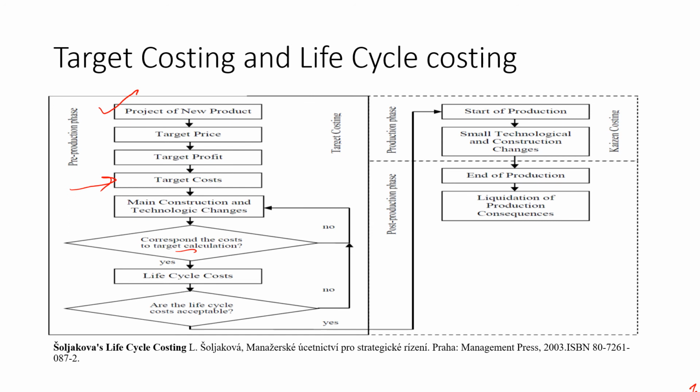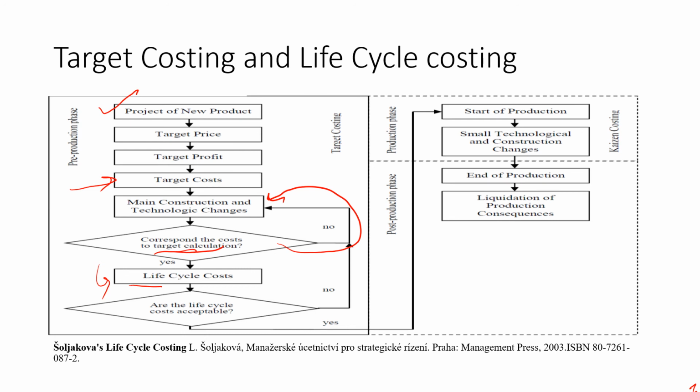So if we are able to match the target cost, let's say the target cost is 50,000 and our cost calculation for the product comes as 45,000, we are ready to go ahead with the life cycle cost. But in case we are not matching, we have to go back to value engineering or the design stage, where we redesign the product and keep on applying re-engineering, value engineering and redesigning till we are able to meet the target cost.